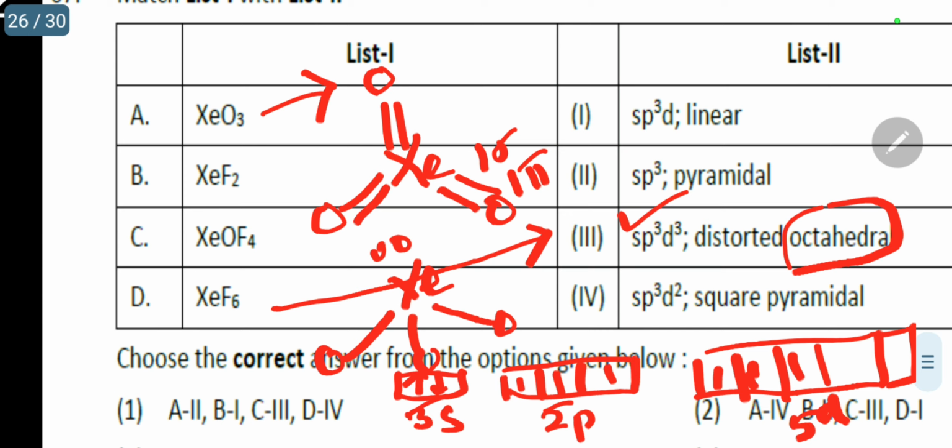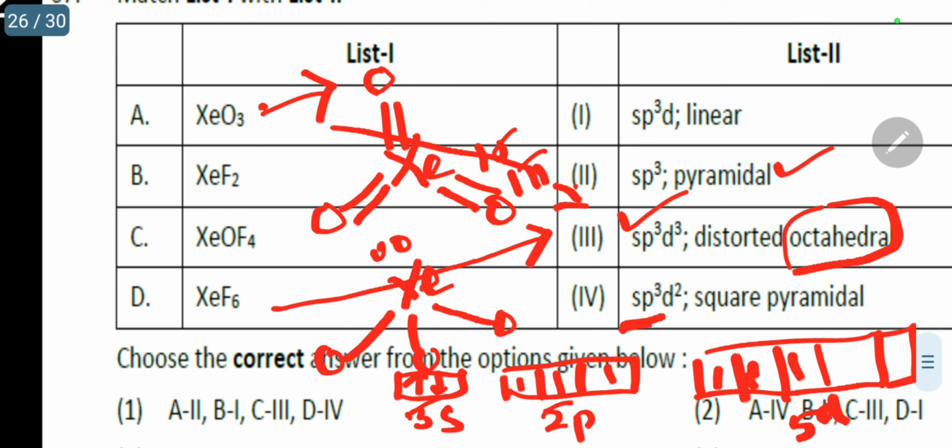So the hybridization is sp3 and the shape is pyramidal. It is sp3 pyramidal because only 3 sigma bonds, although the 2 pi bonds are also present there.